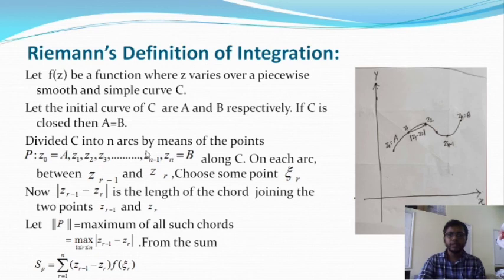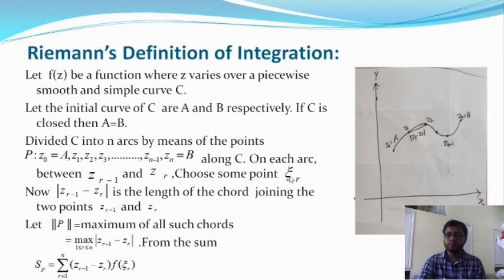So C is divided into n arcs by means of the points P such that z0 is equal to a, z1, z2, z3 up to zn, and zn is equal to b along the curve C. On each arc, I will take two arbitrary points zr minus 1 and zr.